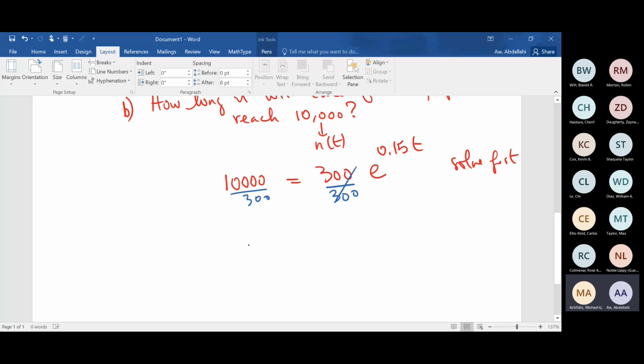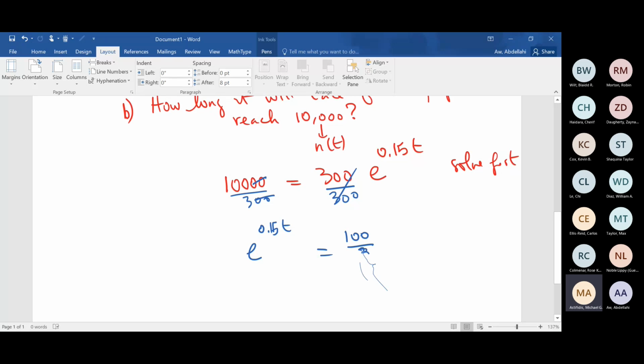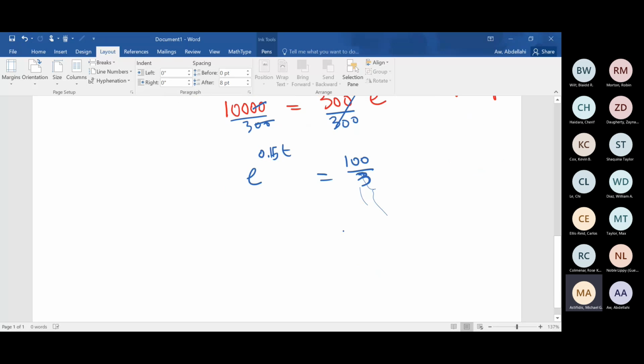So this one is going to be E to the 0.15t equal to 100 over 3, right? Now, what is the next step? Convert it to exponential? It is exponential already. Convert it to logarithmic, right?